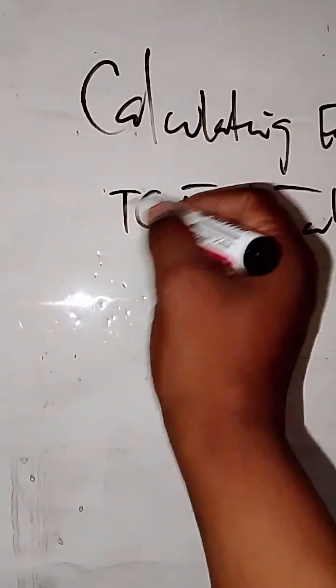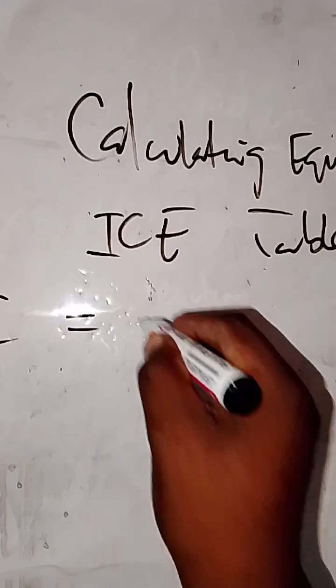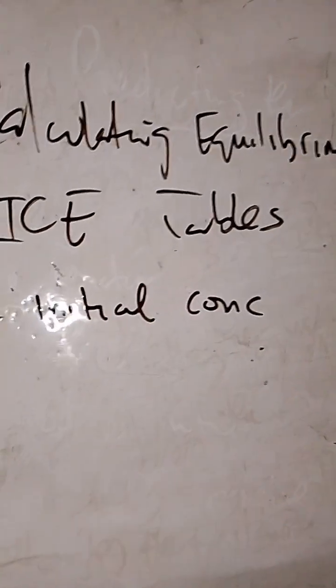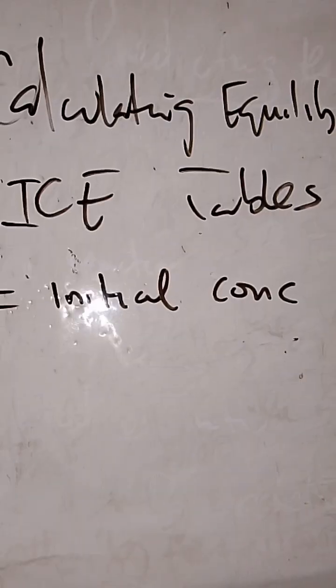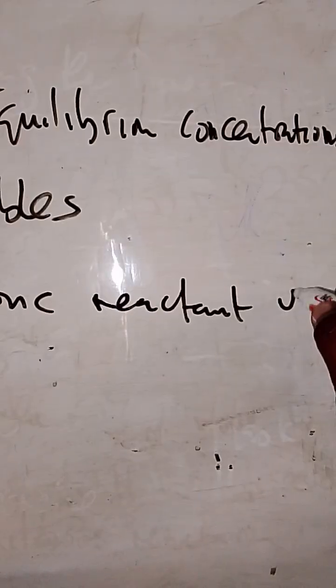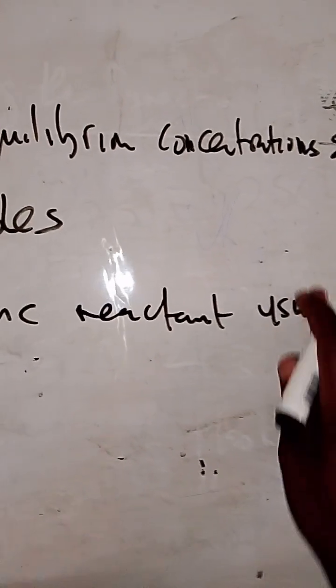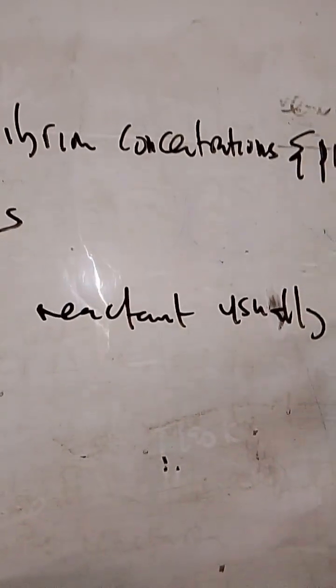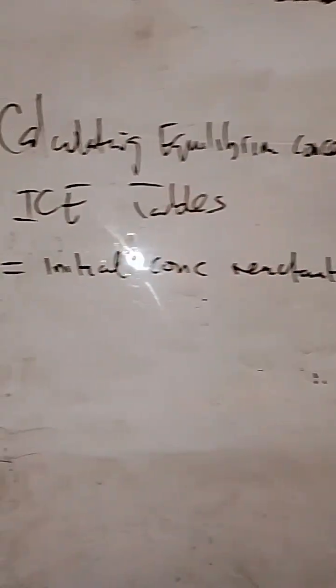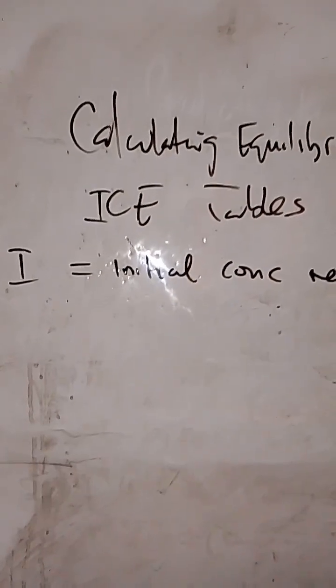In this case, I is the initial concentration of reactants. The initial concentration of reactant is usually given.